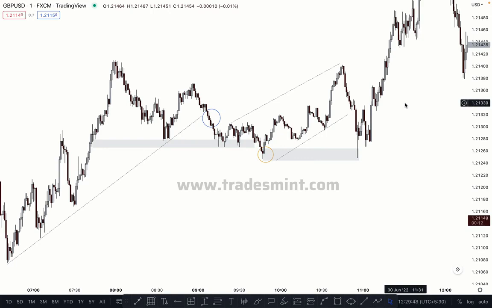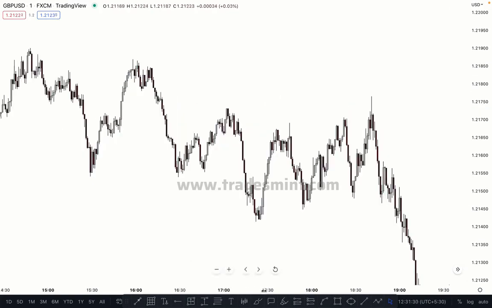So you need to understand where the liquidity is. First identify the liquidity, then the structure. Whatever structure you are saying, bearish or bullish, then you have to wait for the liquidity, then the market liquidation, and then take an entry. The same thing applies here. As you can see, I mark the first structure, which is here, the recent swing low and recent swing high.